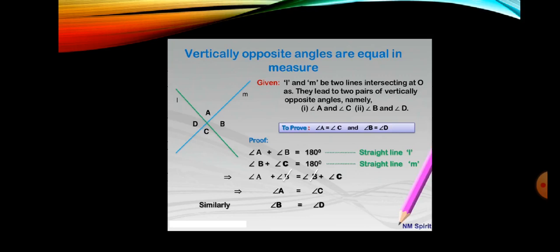Now both sums are 180 degrees, so we equate the sum of angles A and B with the sum of angles B and C. Angle B is common in both equations, so it cancels. We are left with only angle A and angle C. It means angle A is equal to angle C. Similarly, we can prove angle B is equal to angle D.